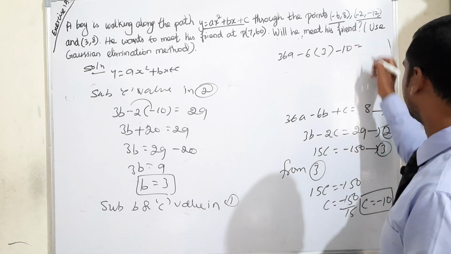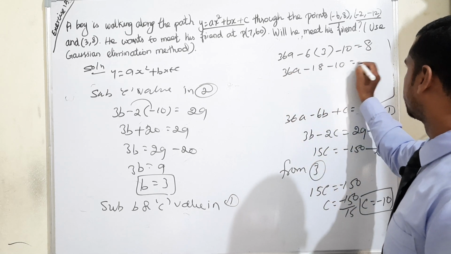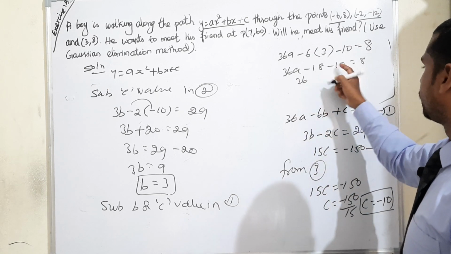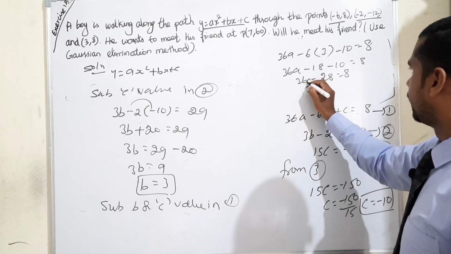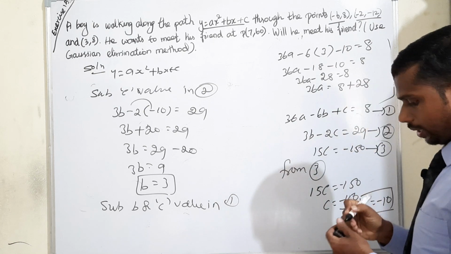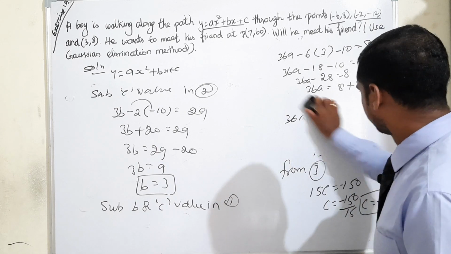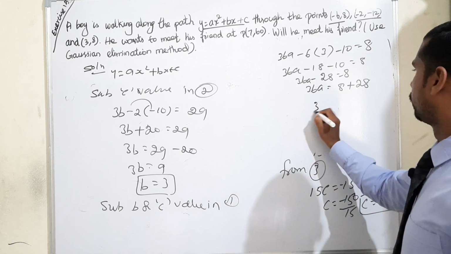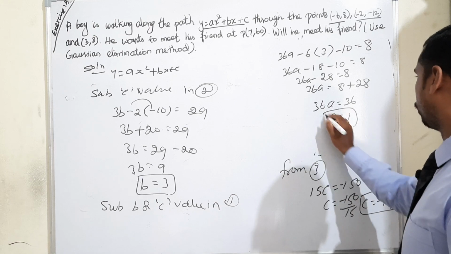So 36a minus 18 minus 10 is equal to 8. Minus 18 minus 10 means minus 28 is equal to 8. So 36a, bring minus 28 to the opposite side, positive 28. Now 36a is equal to 28 plus 8, which is 36. Therefore a is equal to 1.